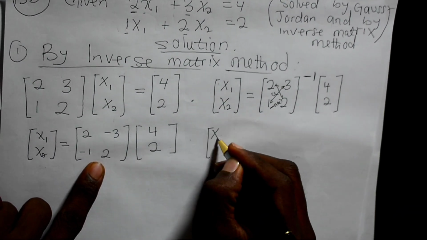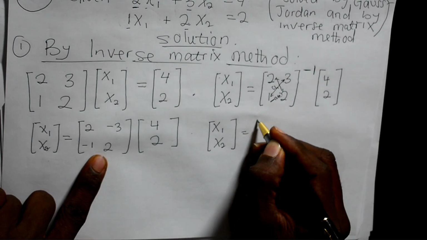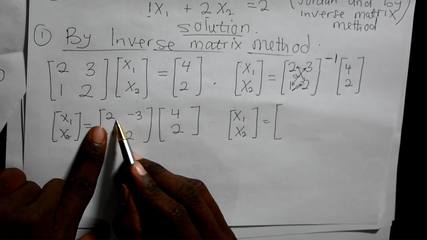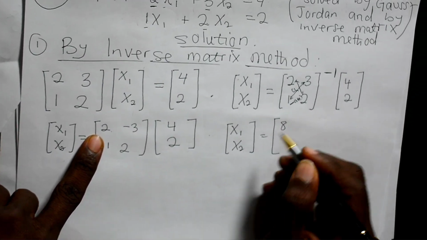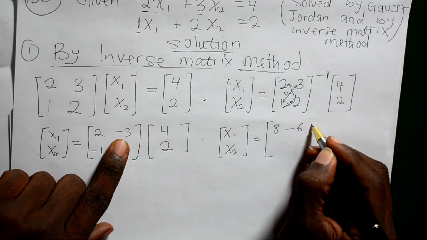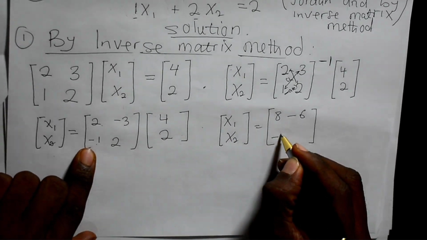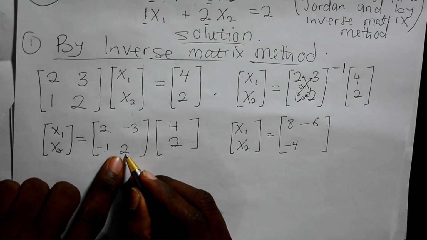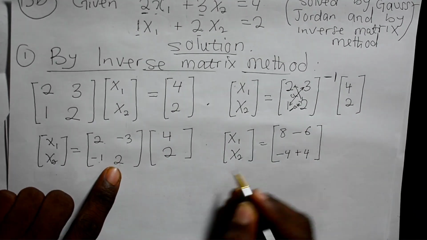This means x1, x2 will be equal to a matrix of 2 times 4, which is 8. Then minus 3 times 2 is minus 6. And minus 1 times 4 is minus 4. Then 2 times 2, 4, that is plus 4.